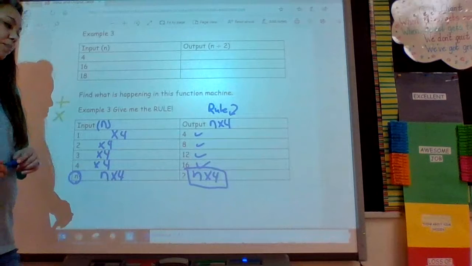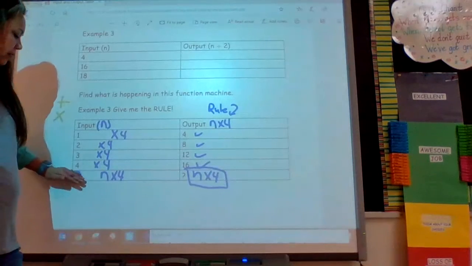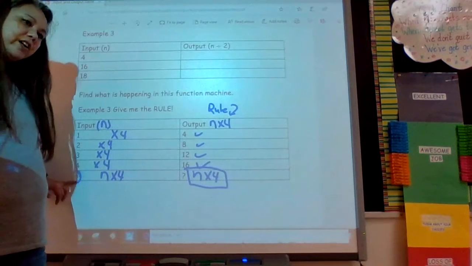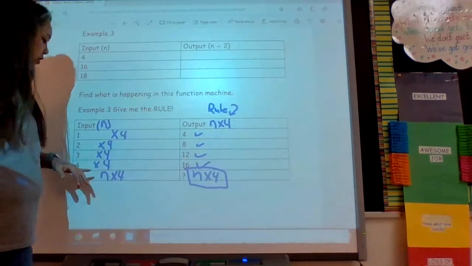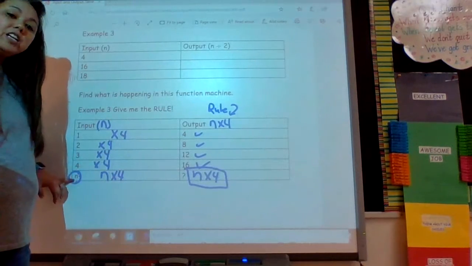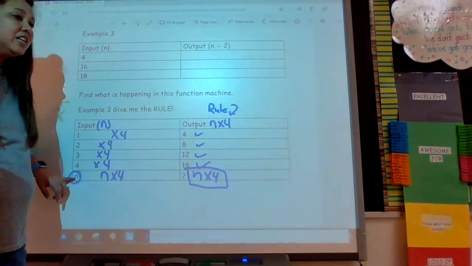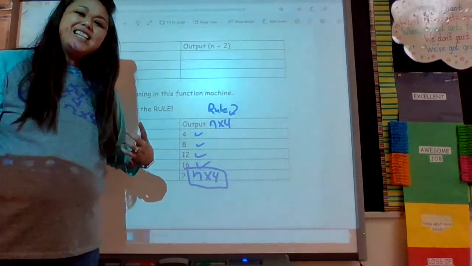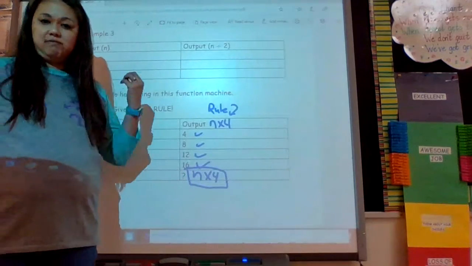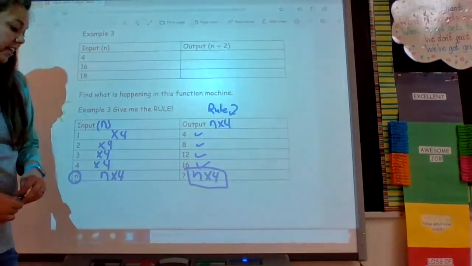And so that was a little bit of a tricky one. So if it ever puts a variable down here in n, it's just saying all numbers. Don't assume that it's 5. It can be 6, 7, 8, 9, 10, 11, 12, 100, 200, whatever number they want. So just leave it at that variable, that letter.